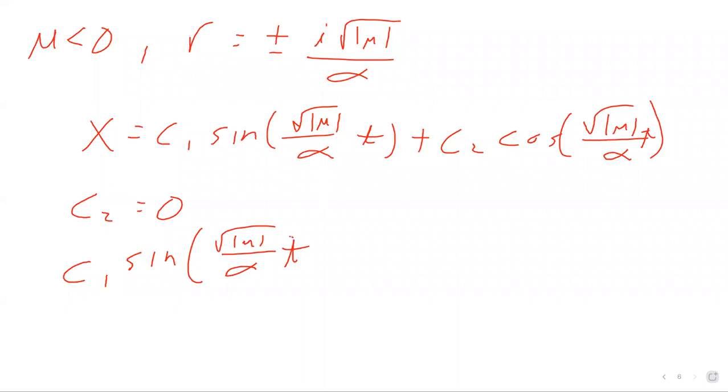Oops, that should be L. Equals 0. So either that is 0 or that is 0. So if the C1 is 0, then everything just equals 0 again. Uninteresting. But if our sine portion is 0, that's going to let us find which mu values are going to work.